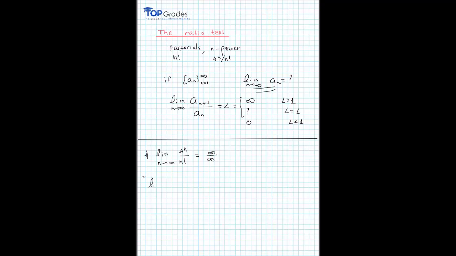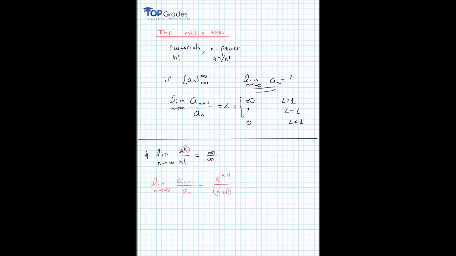We're calculating another limit, of the ratio between the next number in the sequence divided by the present number, a_n plus 1 divided by a_n. We will get 4 to the power of n plus 1 divided by n plus 1 factorial. I just plugged n plus 1 instead of n.